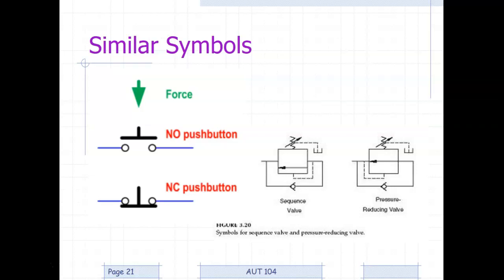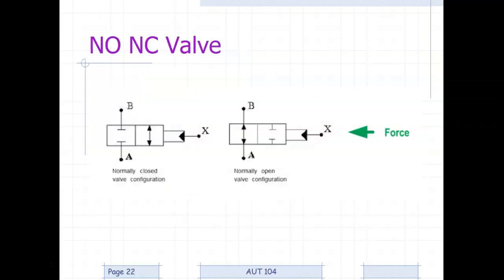Well, it helps if I have it in context, right? The same thing for any symbol. It might look similar to another symbol, but you have to read it in context. Does it make sense? Normally open versus normally closed valves. Again, reading it in context. We'll get into that when we go into hydraulics pneumatics.